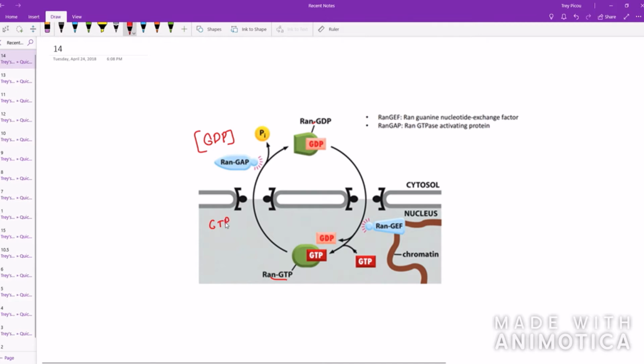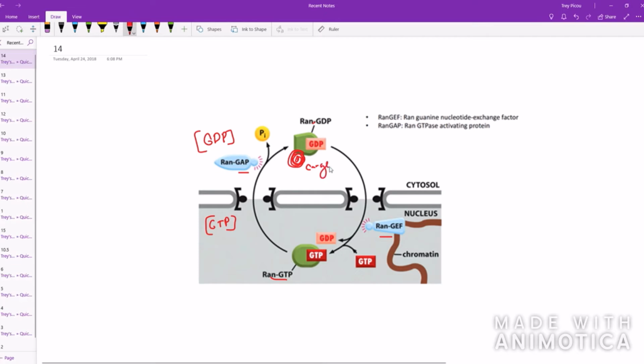So, the concentration gradient is actually maintained by two more RAN proteins, a guanine nucleotide exchange factor and a GTPase activating protein. Note that the exchange factor is in the nucleus and that the activating protein is in the cytosol. Okay, now that we've named all the players, it's time to see how they actually interact with one another.